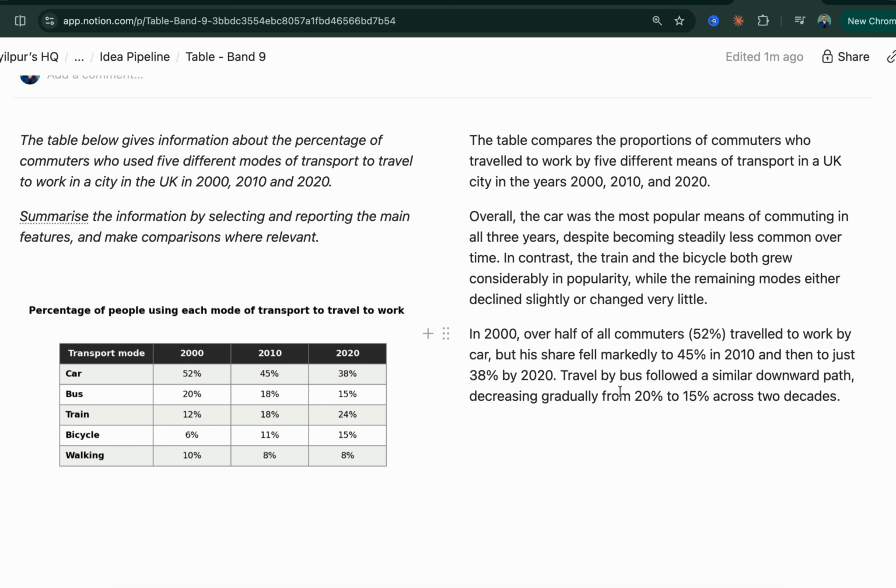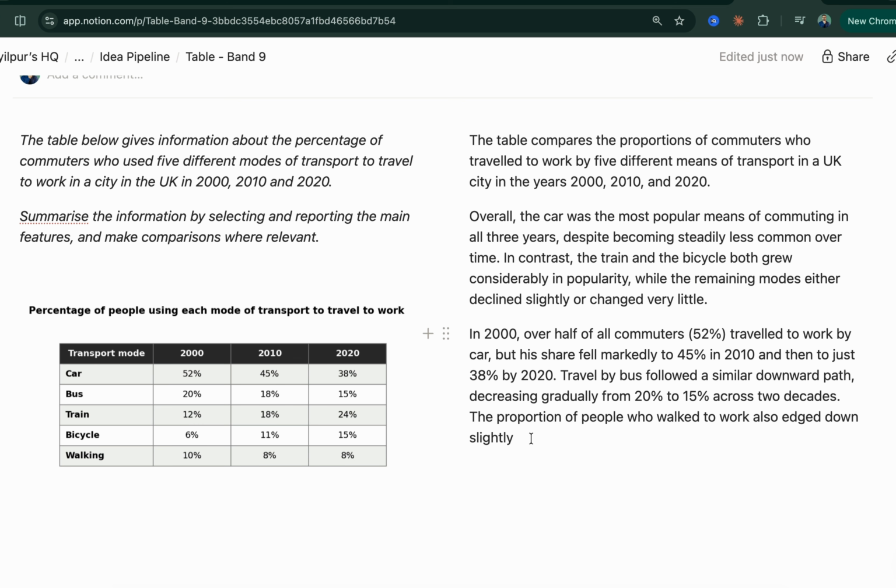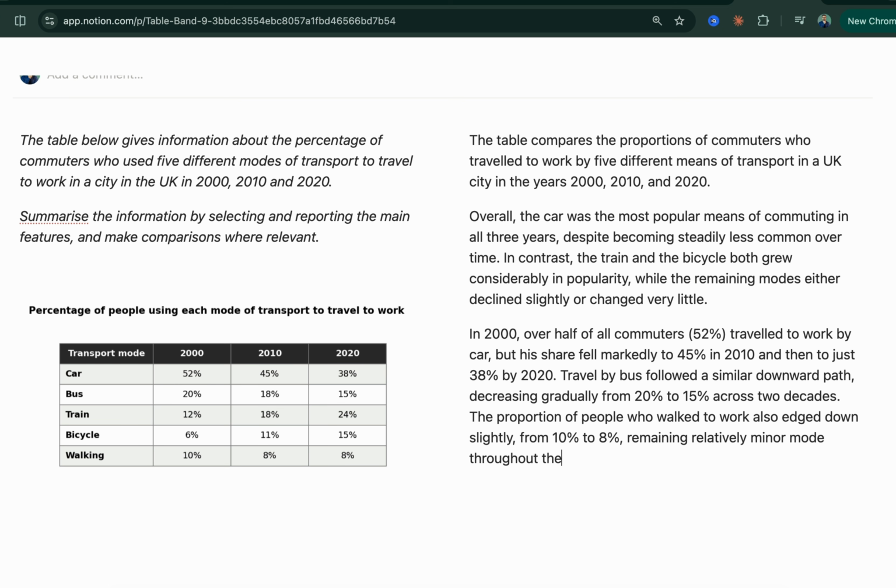And the final sentence will be the proportion of people who walked to work also edged down slightly. Is that true? Yes, because from 10% to 8%, it's a slight decrease, but it is a decrease from 10% to 8%, remaining a relatively minor mode throughout the period.